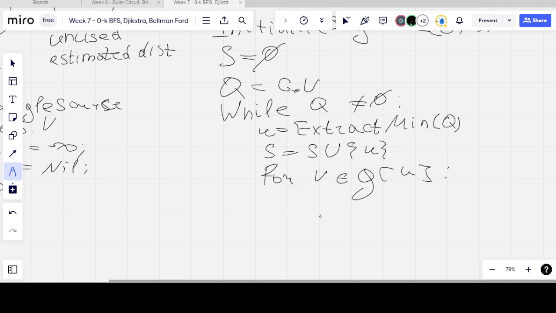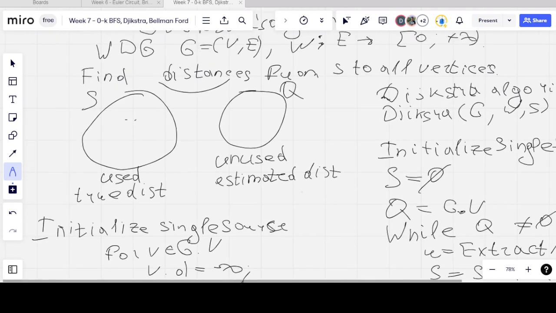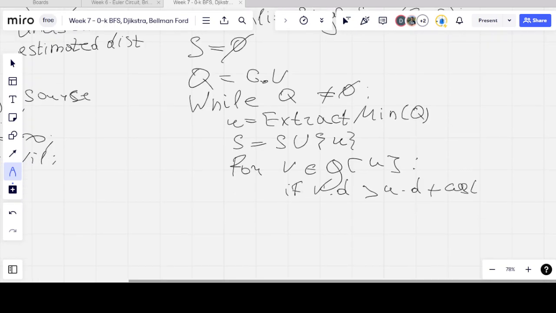By relaxation I mean: if u.d plus the weight w(u,v) is less than v.d, we get that v.d equals u.d plus w(u,v), and the parent is u. That's all.